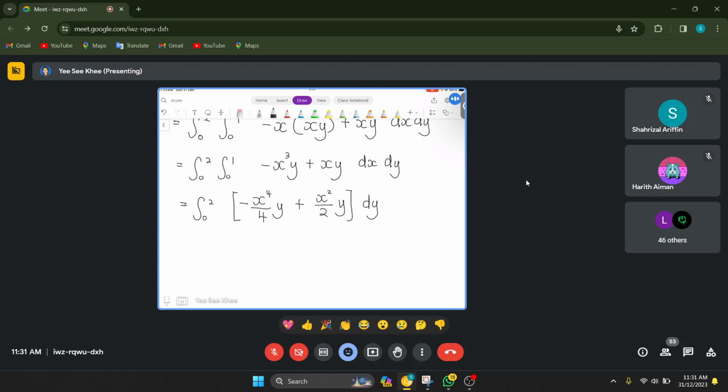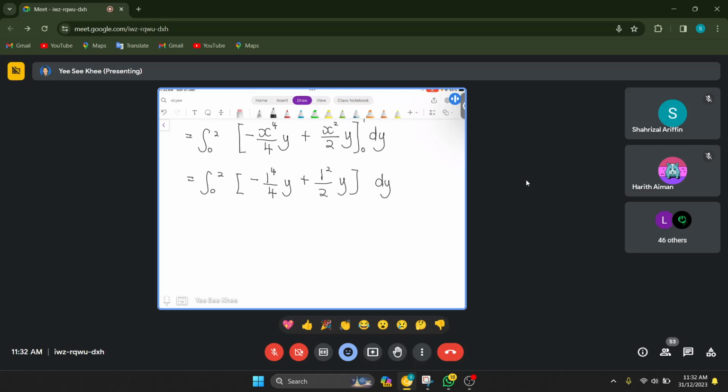Don't forget about the limits. Now you replace the x with 1 and 0. So negative 1 over 4 plus 1 over 2. For the 0, it will be 0, so I won't write it out.